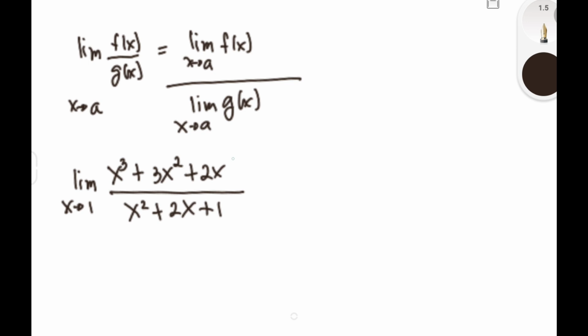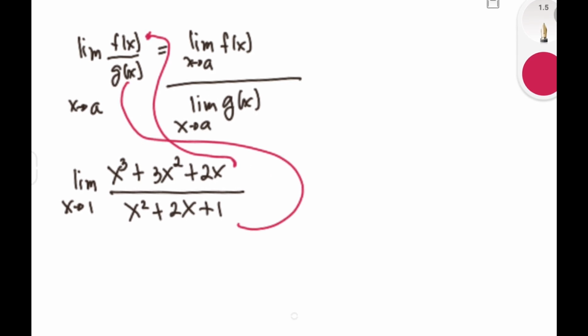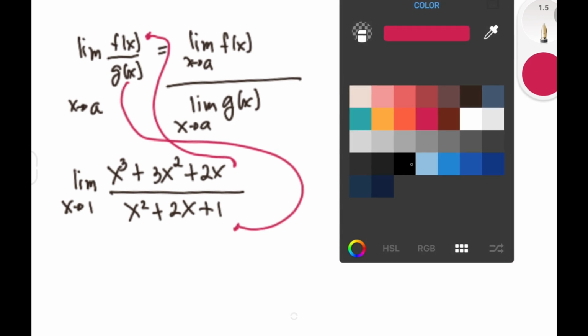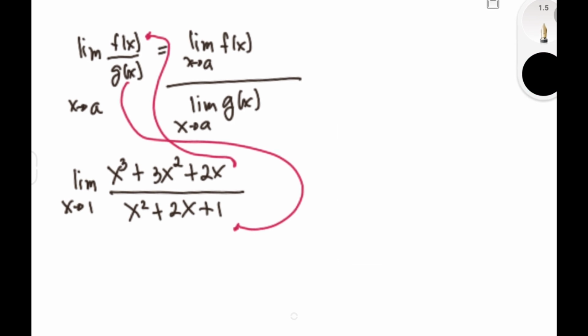Okay, so we may say that our f of x is this function, and our g of x is our second function. So therefore we may evaluate it using this rule.